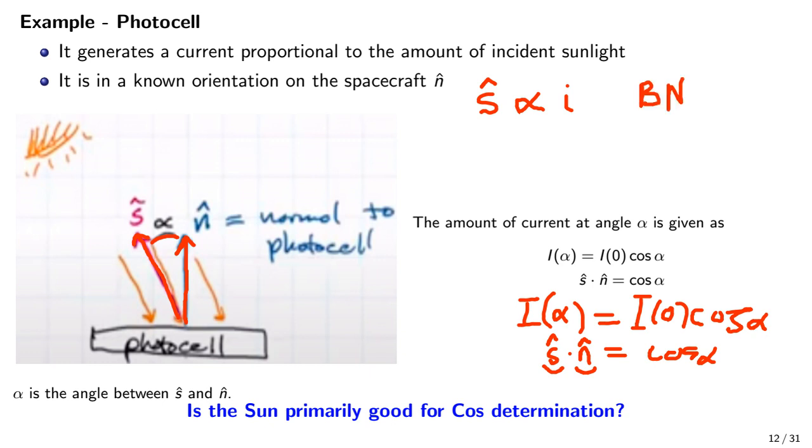Is it good to use the sun for your rotation matrix? Yes, I would assume it is, because it's not actually moving in position. It's not moving to another point in space, so I would think it would be a good idea, because that's the focal point of how planets move around the solar system.